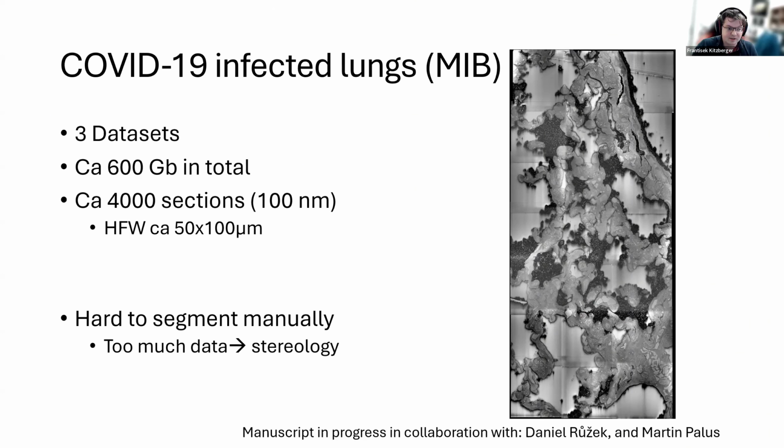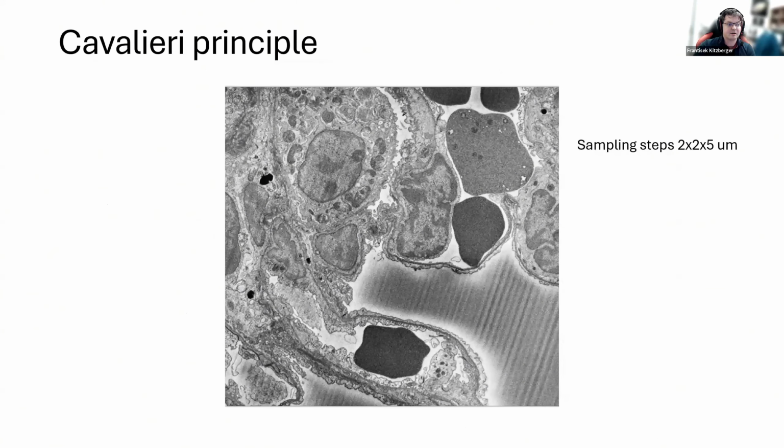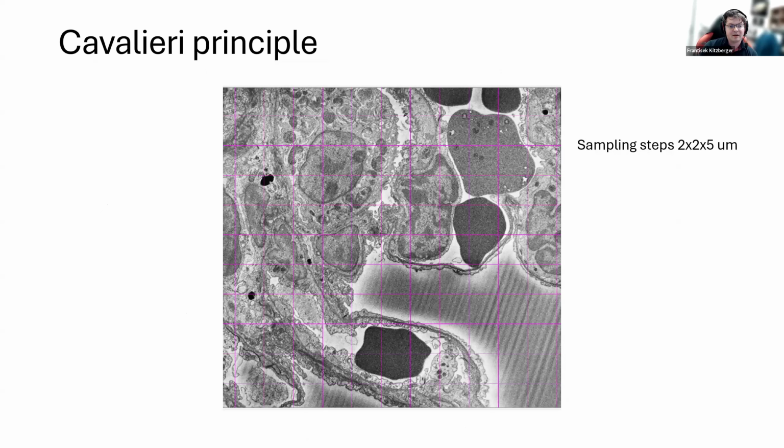So we decided to go a different way, and we decided to go with the stereology path. So what stereology is and which principle we are using, it's the Cavalieri principle. It starts with the image, where you know the dimensions and the pixel size or voxel size. Then you apply a stereology grid with known sampling steps.